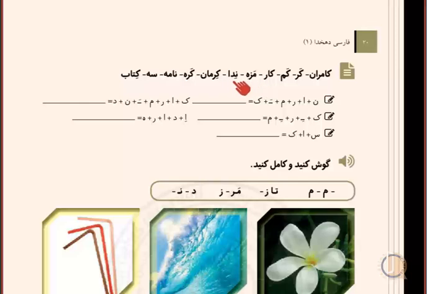Neda, it's a name for girls. Kerman, it's a name of a city. Kare, butter. Name, letter. Se, 3. Ketab, book.